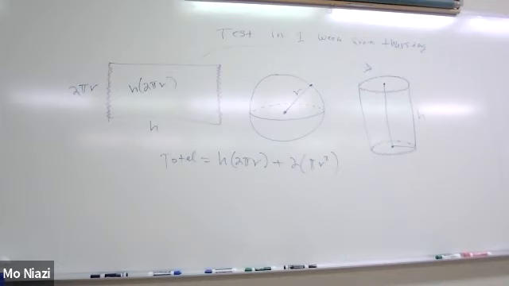First off, L equals 2R. So you can replace it in the equation. You can algebraically solve for R now. You multiply these two together to get 4 pi r squared.